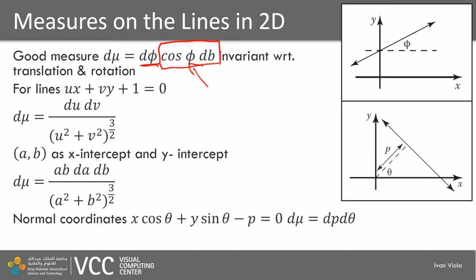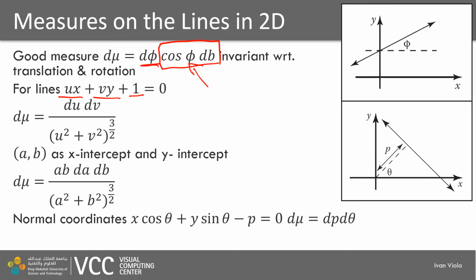We could have differently defined lines, such as, for example, the lines defined by the term ux plus vy plus 1 equals 0.